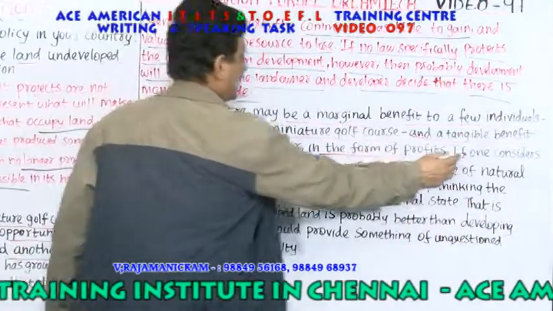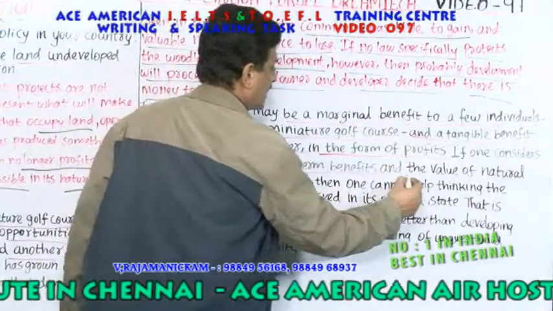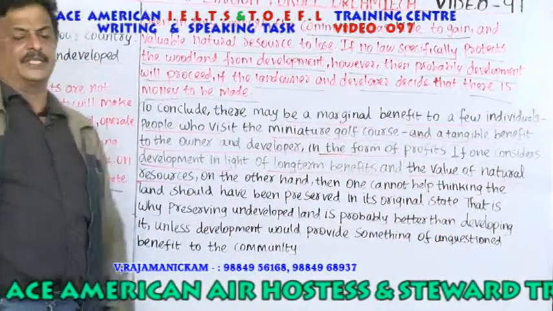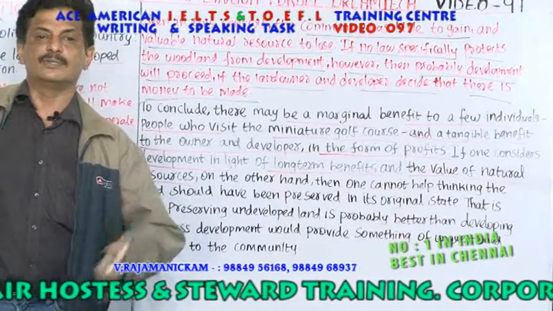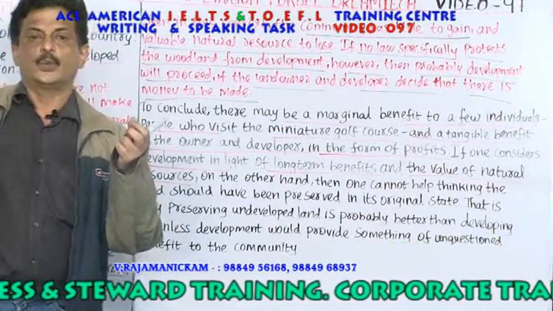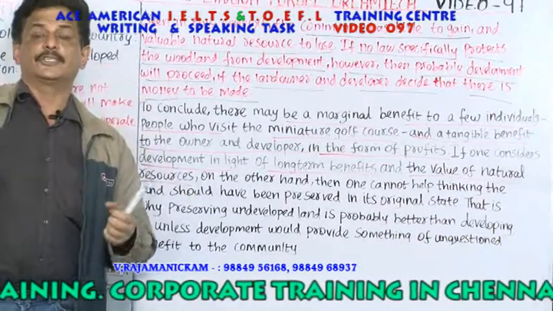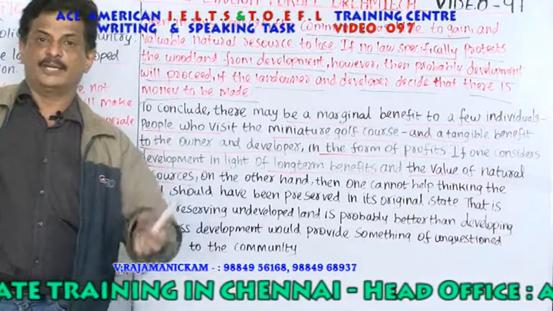If one considers development in light of long-term benefits and the value of natural resources, suppose you think about the natural resources: when you cut down the trees, you lose oxygen. The trees take in carbon dioxide and give out oxygen, plus they bring rain.